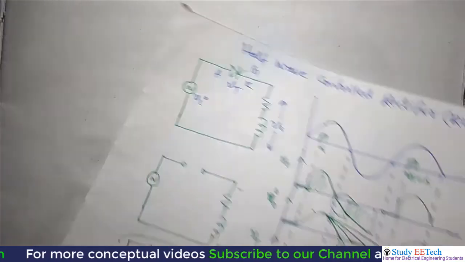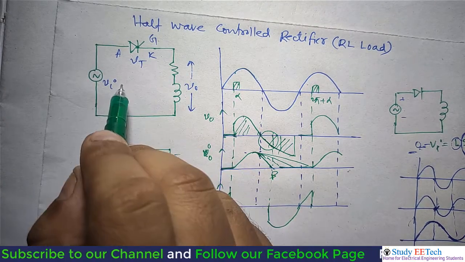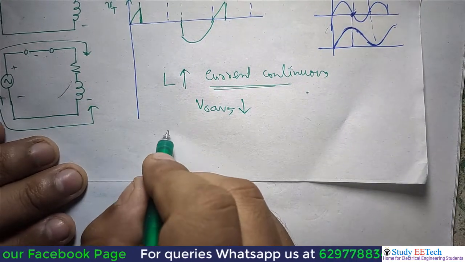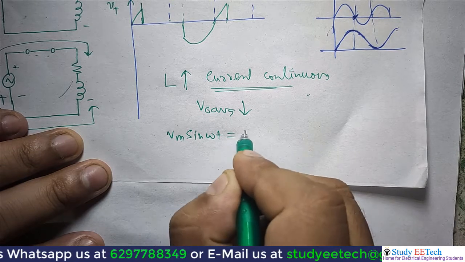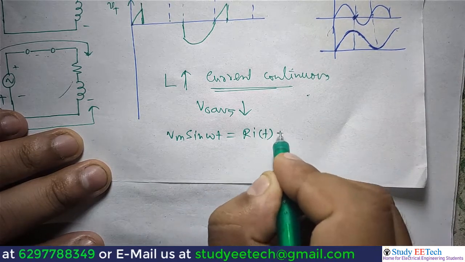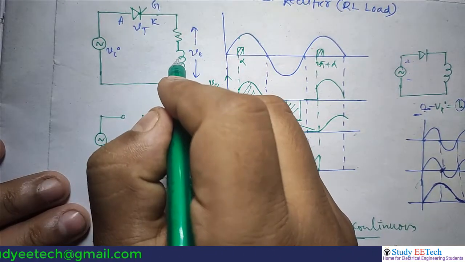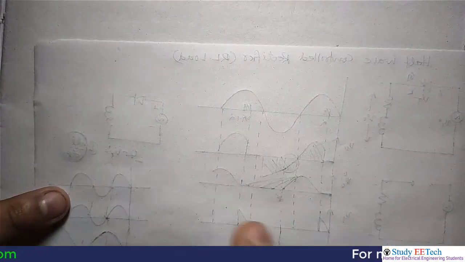The equivalent circuit is Vi equal to the output voltage. So let me start from here. Vm sin omega t equal to R into i(t) plus L into di(t)/dt. Voltage across the inductor plus voltage across the resistance equals the input voltage, right?